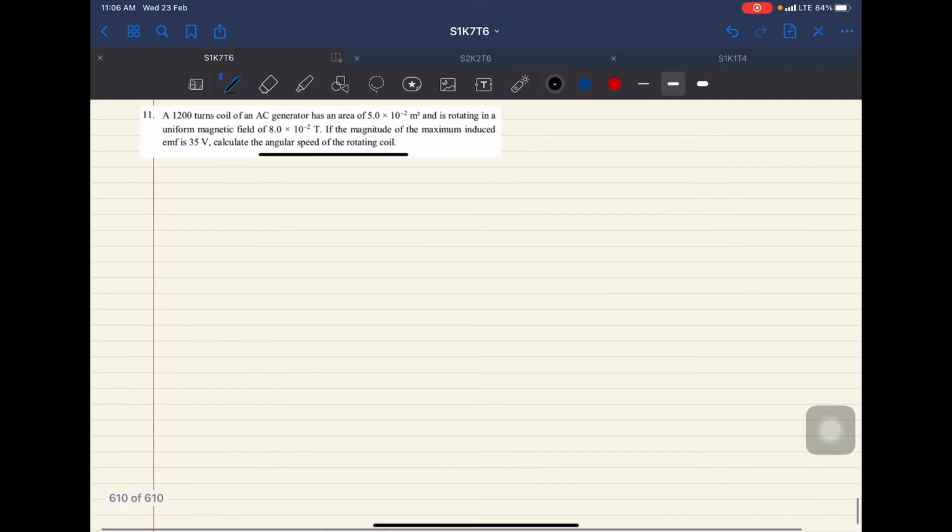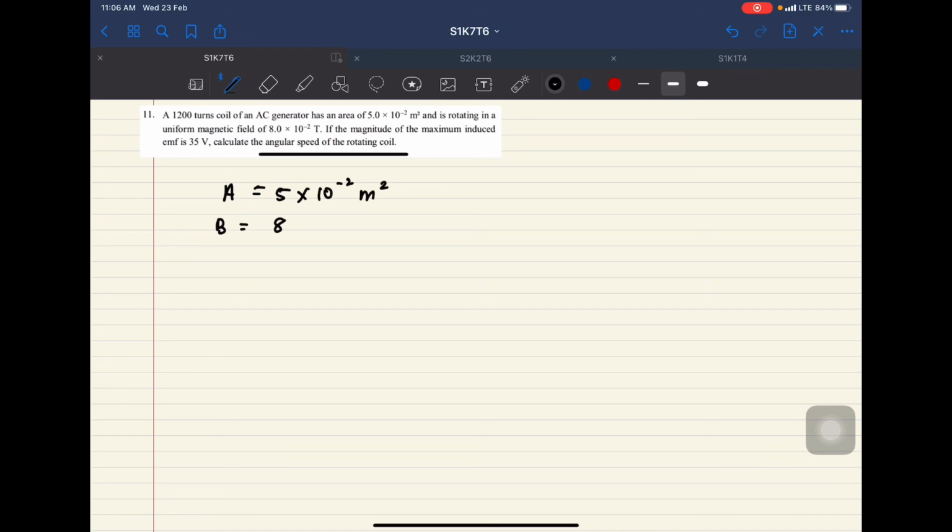Okay, question number 11. A 1200 turns core of AC generator area is given, rotating in a uniform magnetic field of 8 times 10 negative 2. If the magnitude of the maximum induced EMF is 35 volts, calculate the angular speed of the rotating coil. I think this one is very similar.